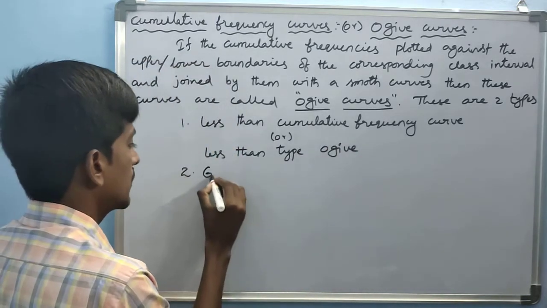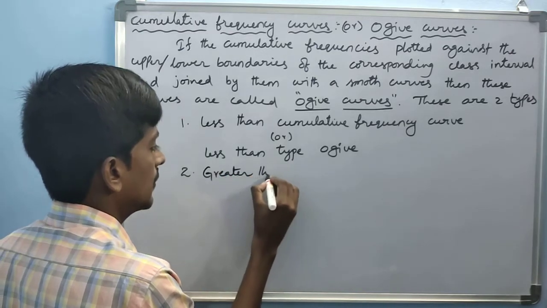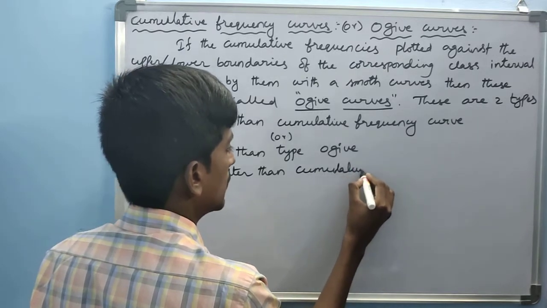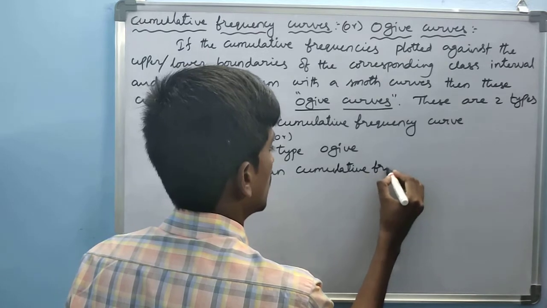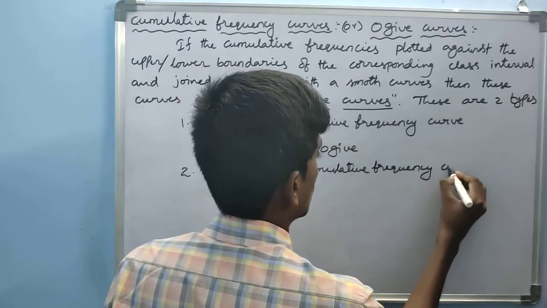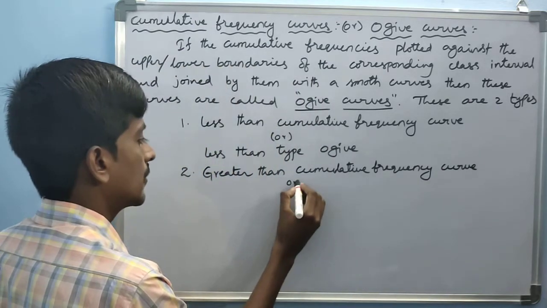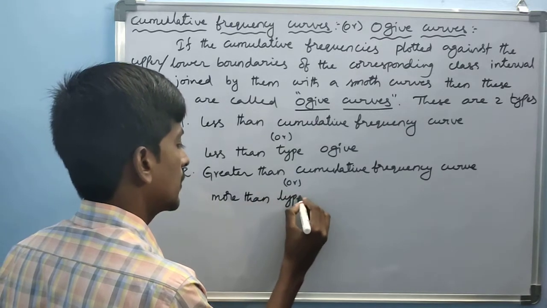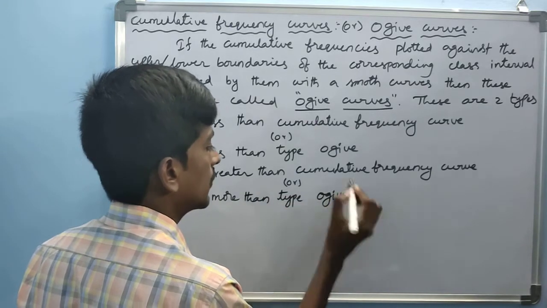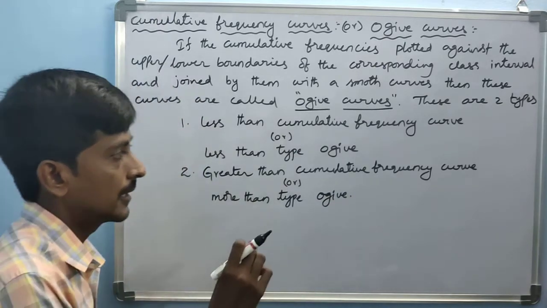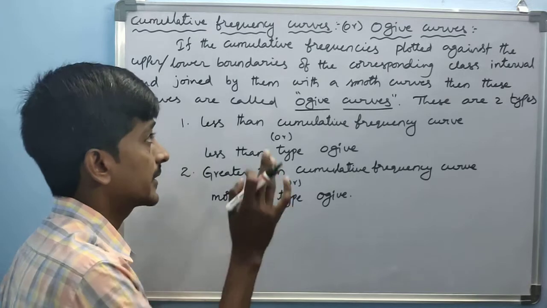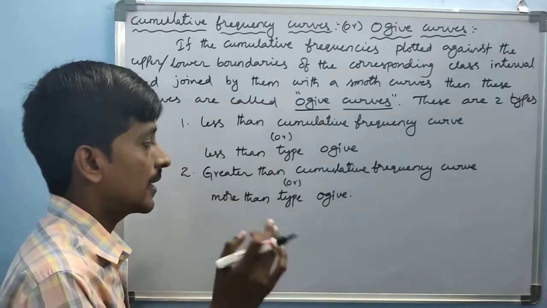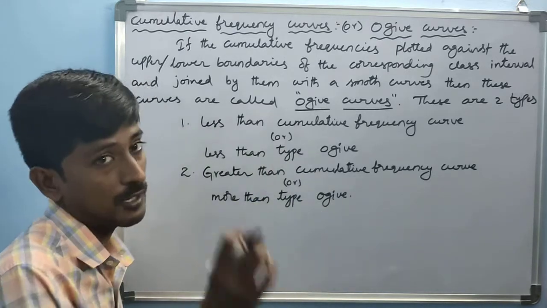The second one is the greater than cumulative frequency curve, or more than type ogive. These are the most important graphs. They are very important in paper 2. Mostly it is asked to draw the less than type ogive curve or greater than type ogive curve.